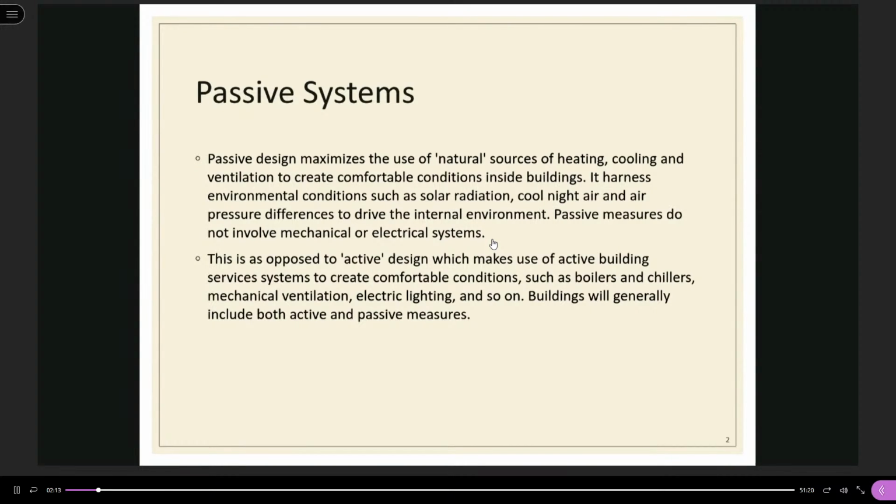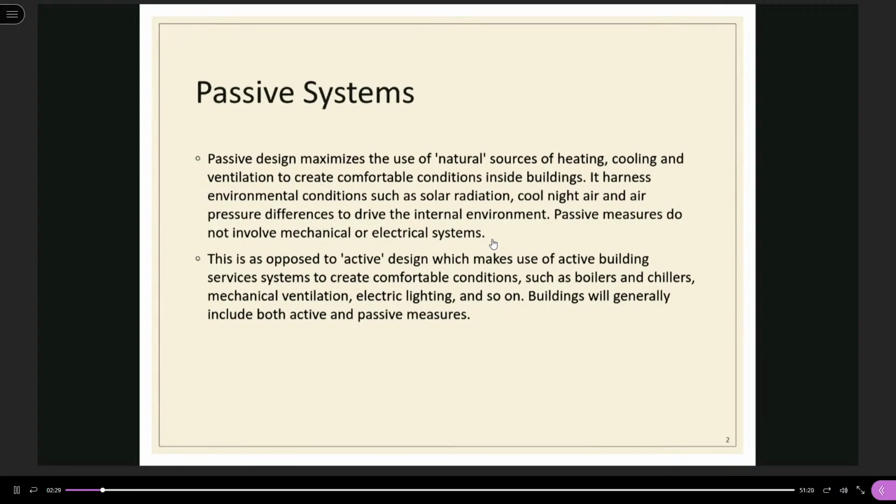And here, air pressure difference. This is a kind of natural ventilation by making use of air pressure difference.